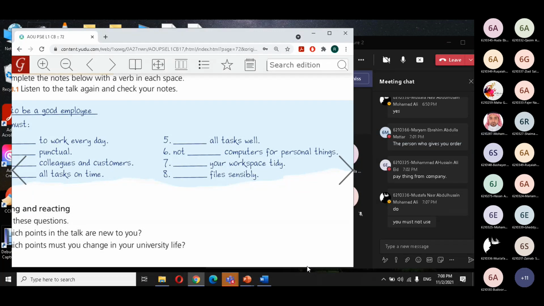You must keep your workspace tidy. We said workspace means the place where you work: desk, cupboard, shelves. And the last one, you must files sensibly. Prepare? Repair? No, there is another word. Organize. Yes.